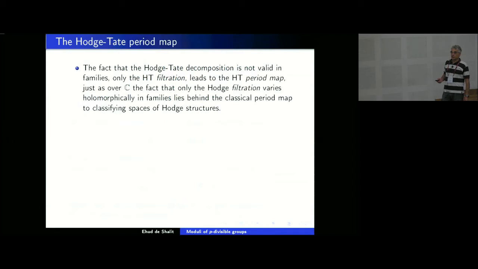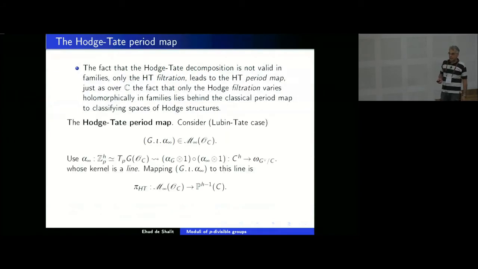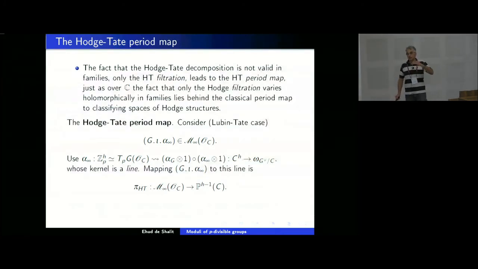So what is the Hodge-Tate period map? Consider now not just G and iota, but G and iota with a full p to the infinity level structure. So you want to trivialize all the p^n torsion points on your formal group for all n.